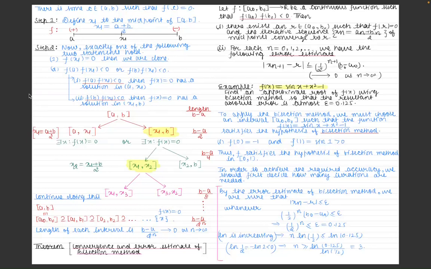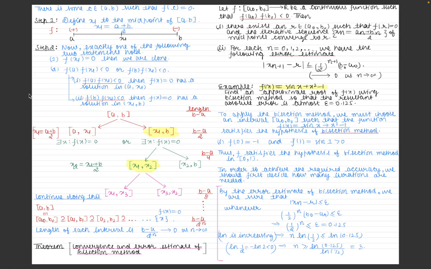then again you split it into half. Let's say this time the midpoint is x2, where x2 is x1 plus b by 2, or the interval is x2 comma b. Again the root will lie in some interval, right? So let's say root lies in here.